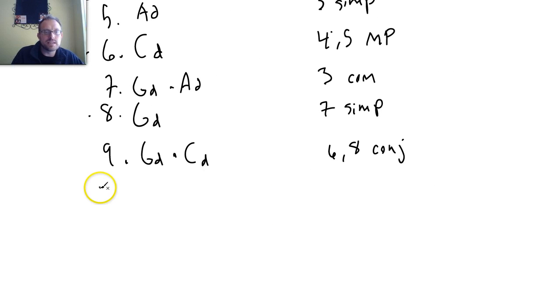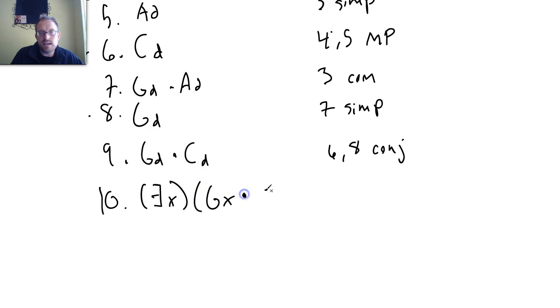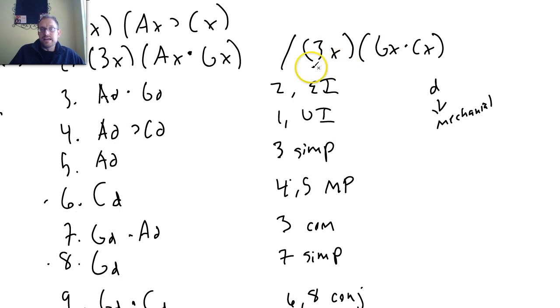So line 10 here is going to be EX. Now remember, I have to do the entire line, so that's going to be GX and CX. That's line 9, existential generalization. Okay, and that was my conclusion here.